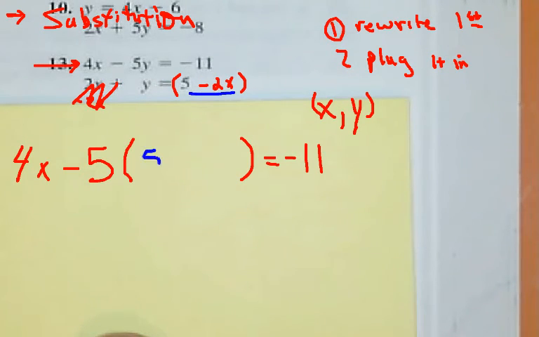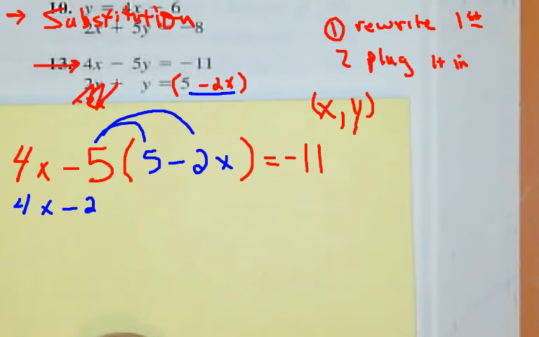Y is 5 minus 2x. We can do that. 4x minus 25, and then negative times negative, positive 10x equals negative 11.